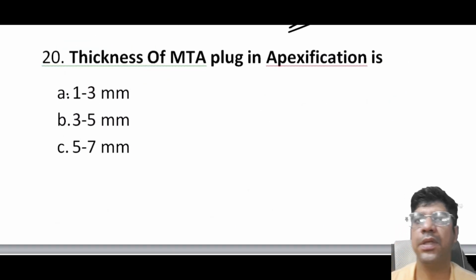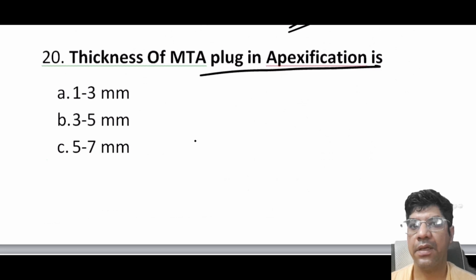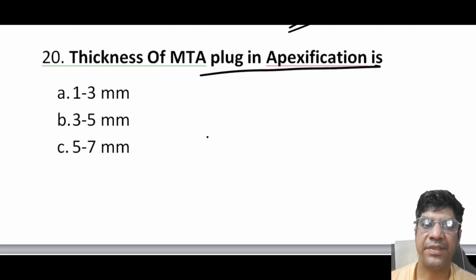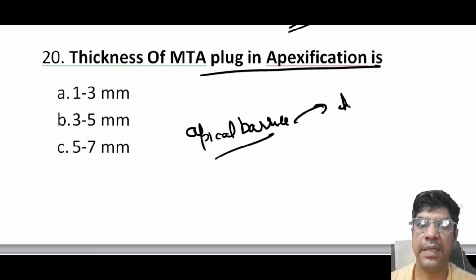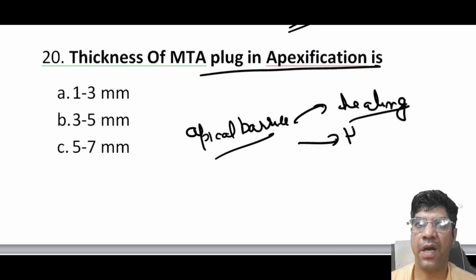Coming to the next question, the thickness of MTA plug in apexification is, well, during apexification, MTA is commonly placed at the apex of the tooth root to create an apical barrier. So this barrier would promote healing and promote the formation of hard tissue, that is dentine, in the root canal space.